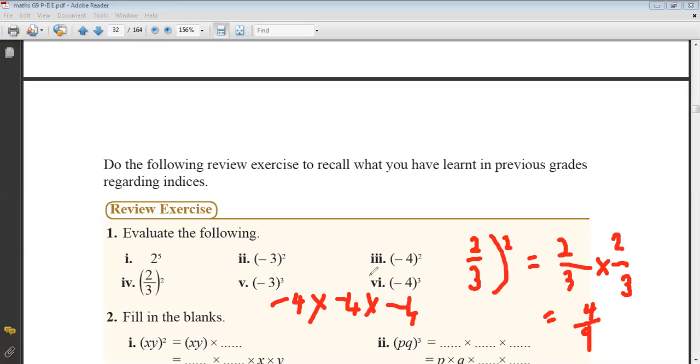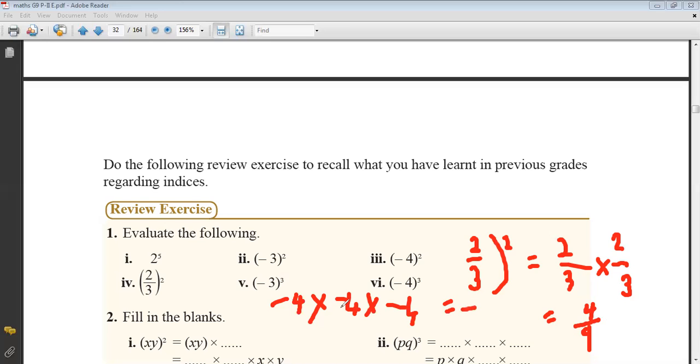Negative times negative is positive. Negative multiplied by negative becomes positive. Positive multiplied by negative is equal to negative. Don't forget that.